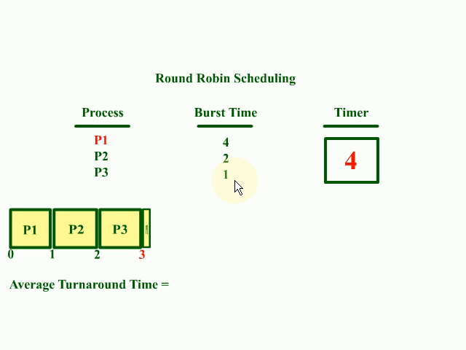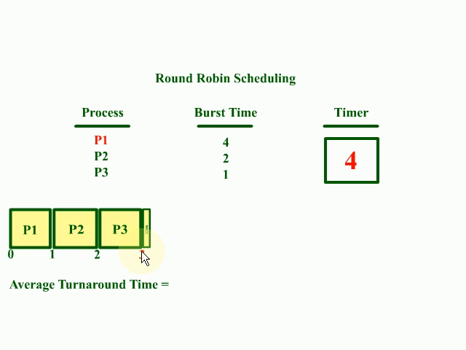So we are stopping after each 1 second. So 1 second is the time slice for this scheduling algorithm. We have given 1 second as the slice or the quantum, so it will be switching between the processes every 1 second.